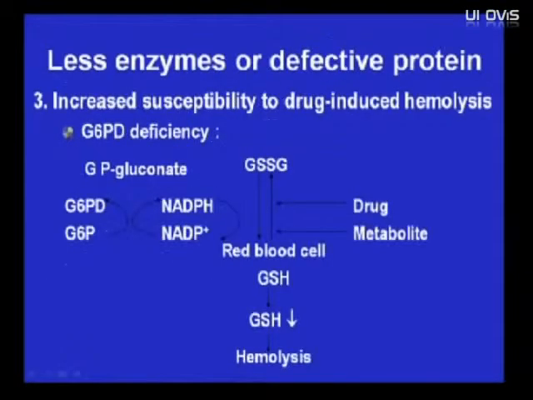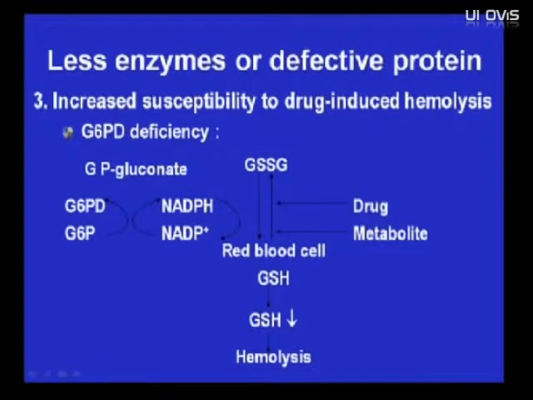This slide shows us the role of reduced glutathione, or GSH, in maintaining a normal red blood cell membrane integrity. Along its life, a red blood cell protein is subject to oxidation by various oxidants.